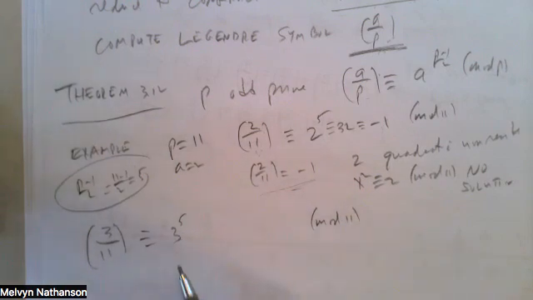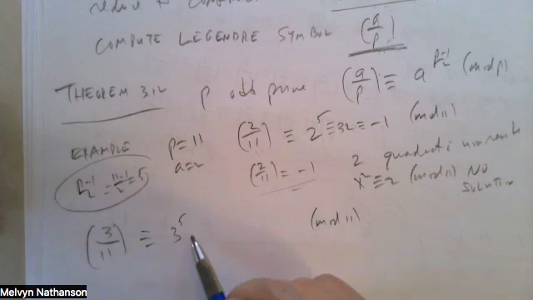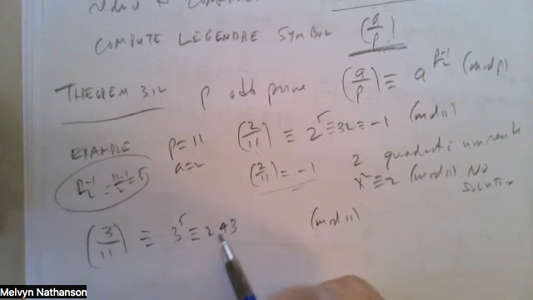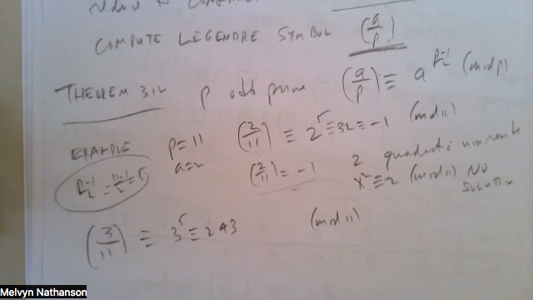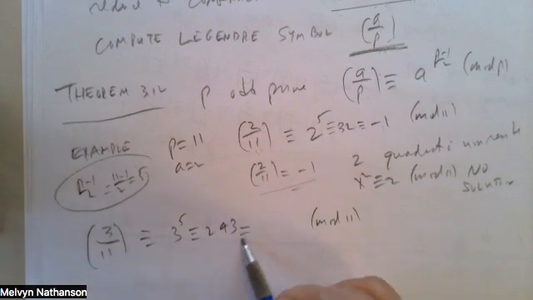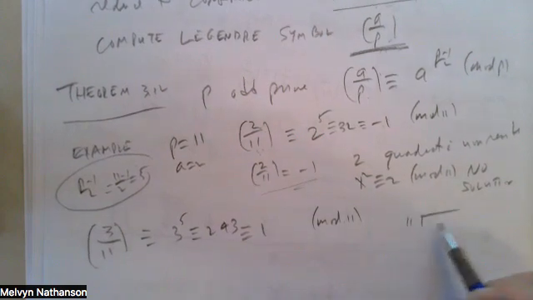What is 3 to the 5th? So what are the powers of 3? 3, 9, 27, 81, 243. What is 243 mod 11? This is in fact congruent to 1 mod 11. Why? Because I'll take the 11 into 243.